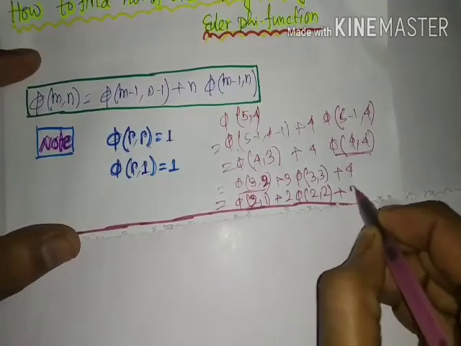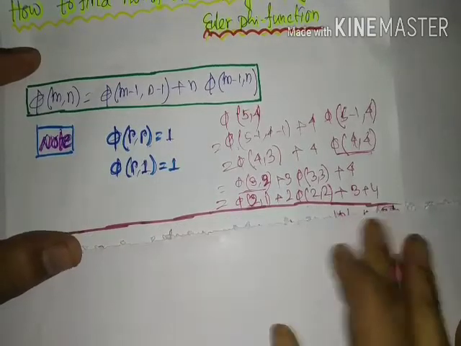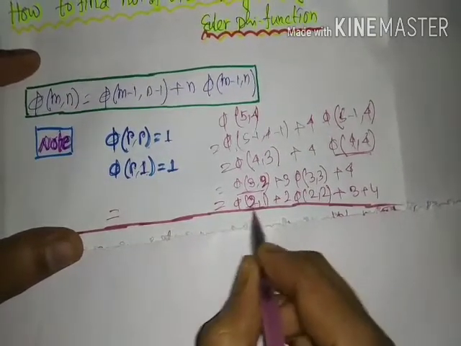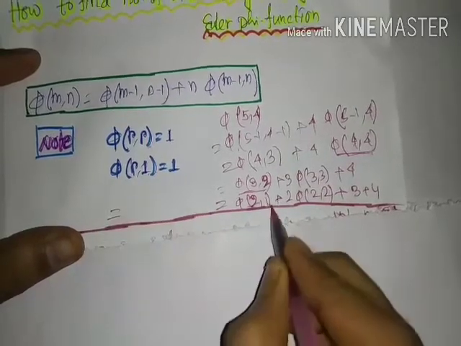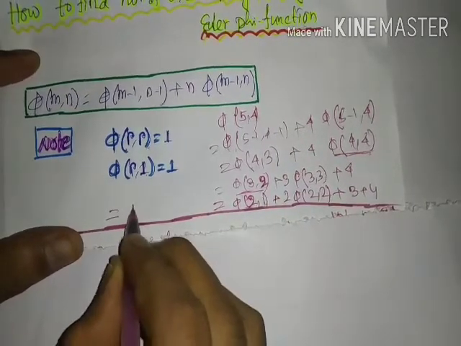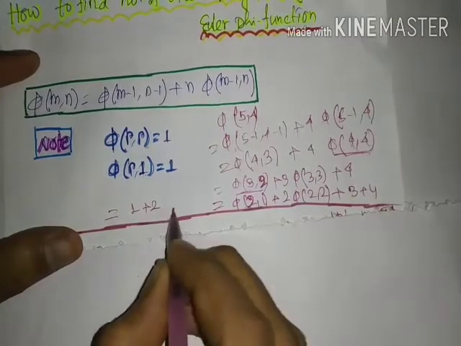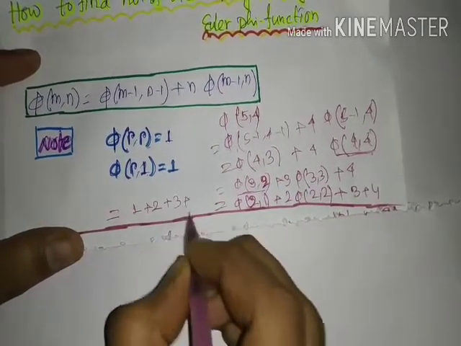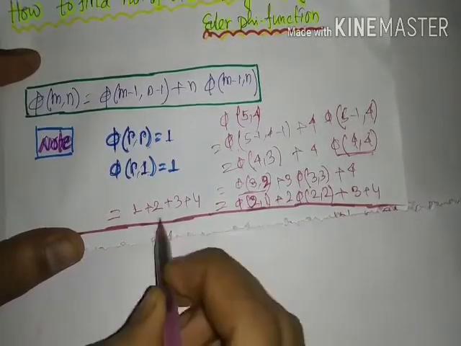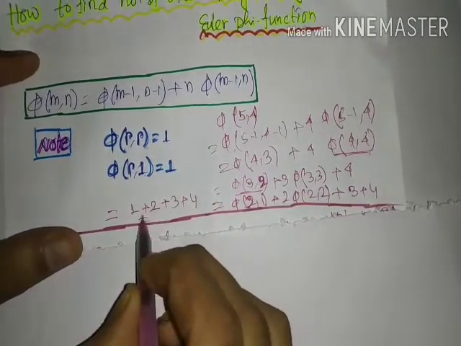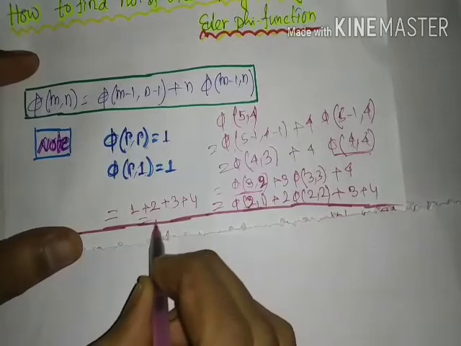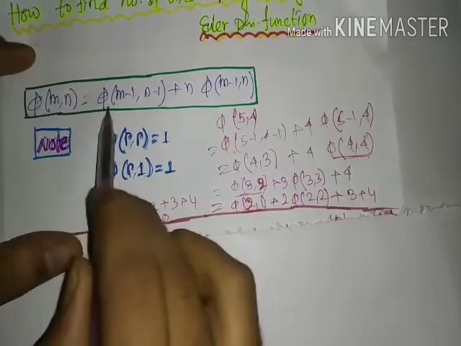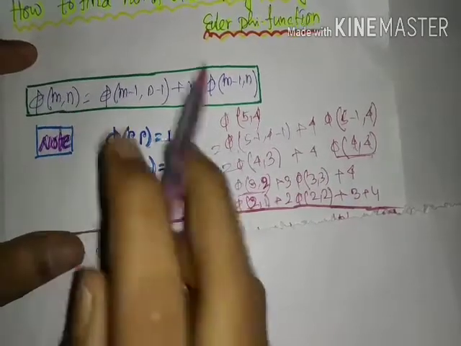So this is 3 plus 4. Finally we get value of this is 1, as the second coordinate is 1. So 1 plus this value is also 1, 3 plus 4. So this is 10. This is the Euler phi function for two coordinates.